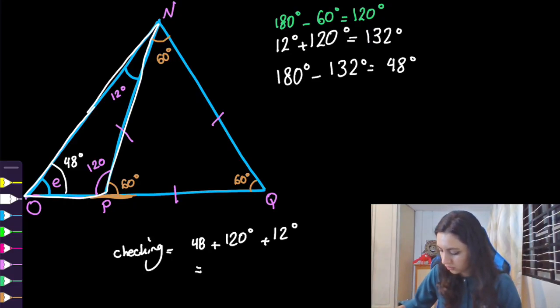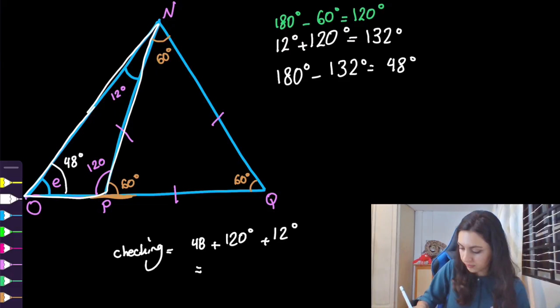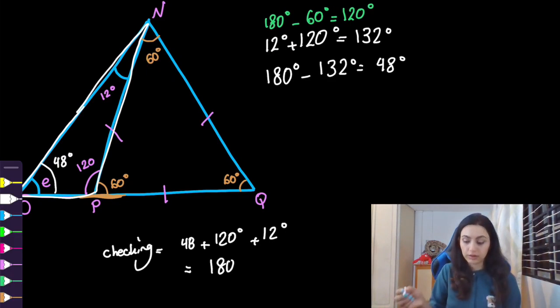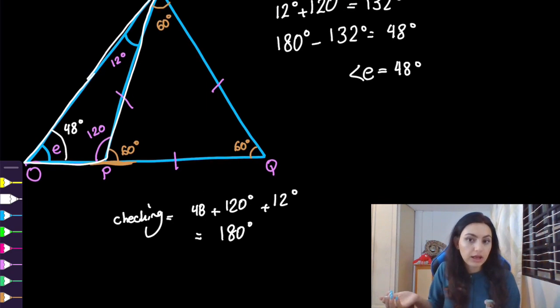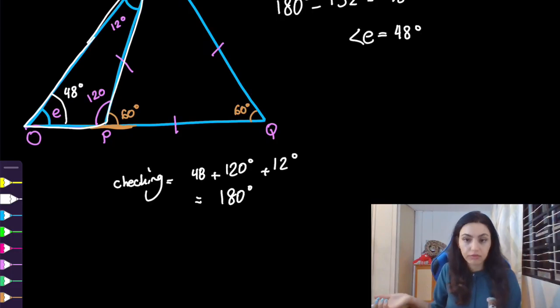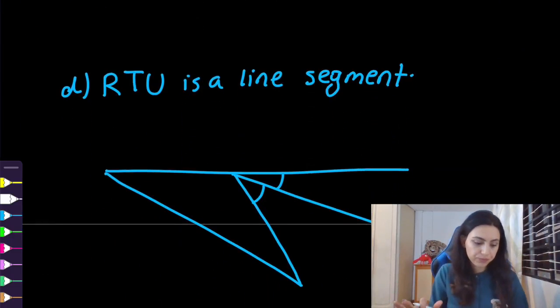Let's do a quick addition: 48 plus 120 plus 12. It's 180. So it's correct. Angle E is 48. Again, let me know if you got a different answer, or you did it differently, or you believe another way might work faster or work better for you.